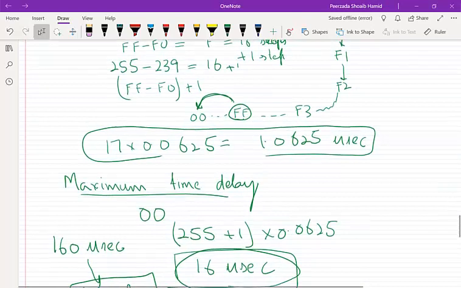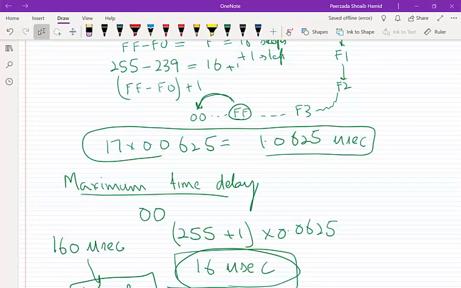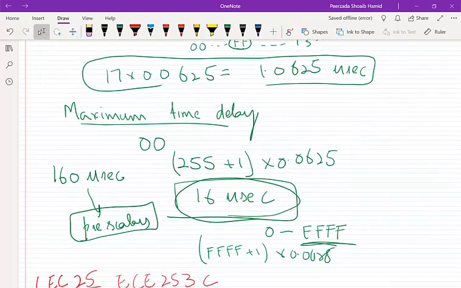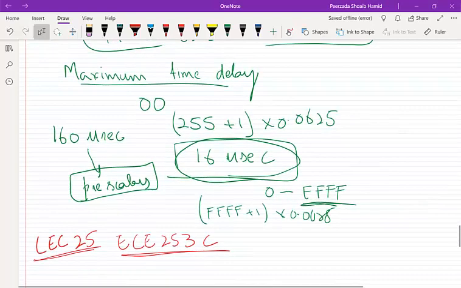In our case, the total delay was 1.06 microseconds, and we also calculated the maximum delay that we can generate using an 8-bit timer, for example timer 0, with no prescaler.